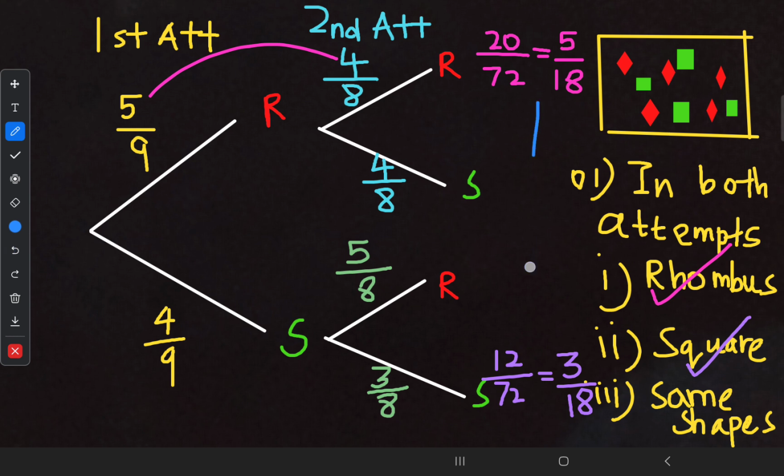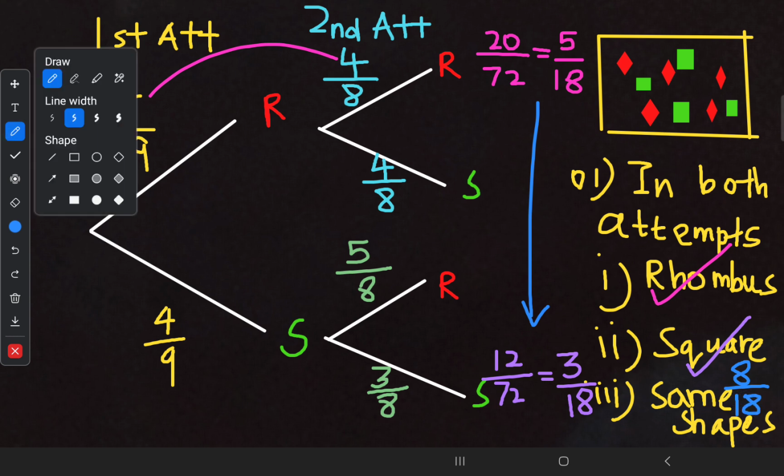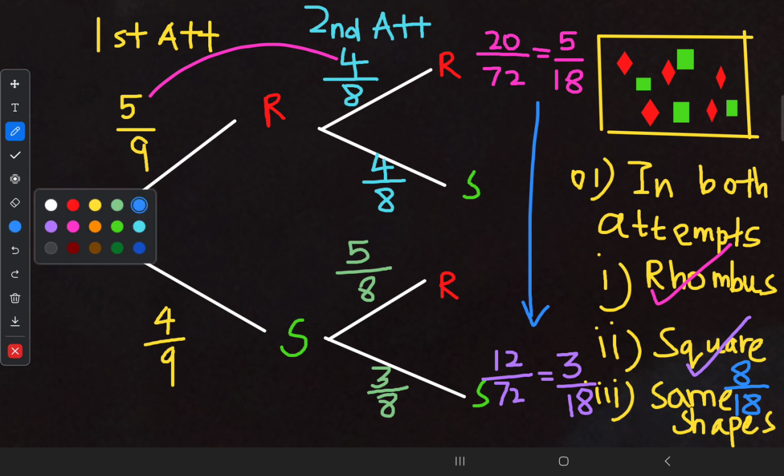So you should add these two probabilities together: 5 upon 18 plus 3 upon 18 gives 8 upon 18. It's possible to simplify further. I can simplify both the numerator and denominator by using number 2. That will give you 4 upon 9.